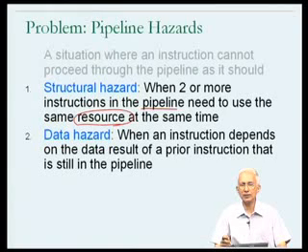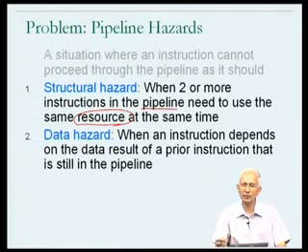The second kind of hazard which the architect and the programmer has to worry about is something called the data hazard. It relates to the data that the instructions of the program are manipulating. And it describes a situation where an instruction depends on the data result of a prior instruction that is still in the pipeline. In other words, there's one instruction which is somewhere in the beginning of the pipeline.